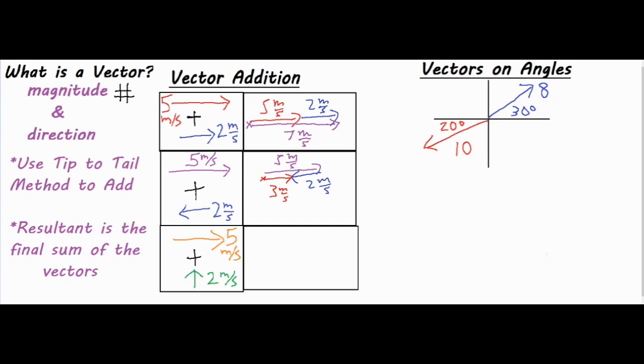And finally, our last one. Our last one is the one that gets slightly more complex, and we have a vector that goes over 5, and it goes up 2. When you connect the starting point to the ending point, you get that angled component.